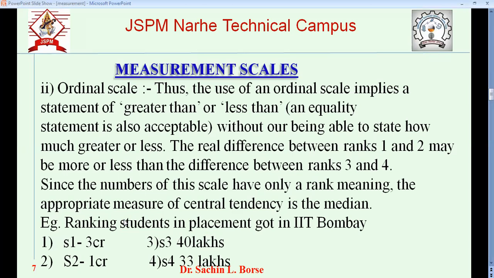For the median, we have already learned that we have to arrange the numbers in increasing or decreasing order. Suppose there are 5 numbers in increasing order, then the middle number will be the median. So we find the central tendency of the numbers by finding the middle number.